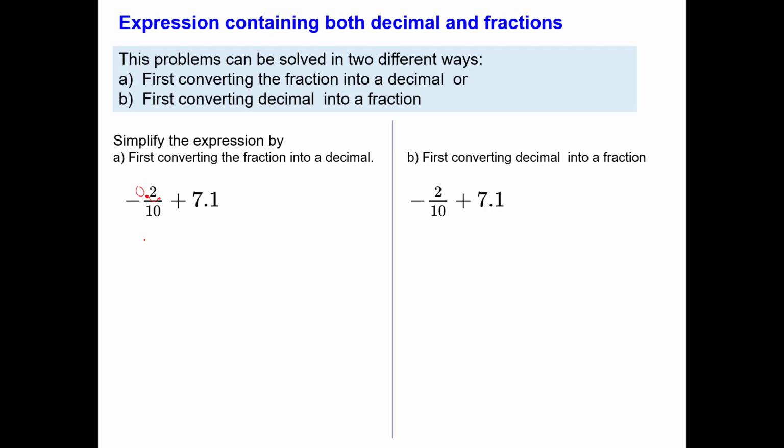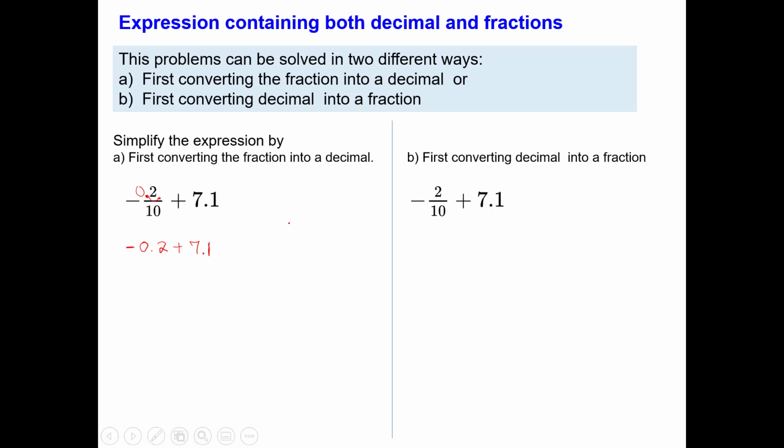Let's rewrite this. If we divide 2 by 10, we just move one decimal place. Then it would be negative 0.2 plus 7.1.